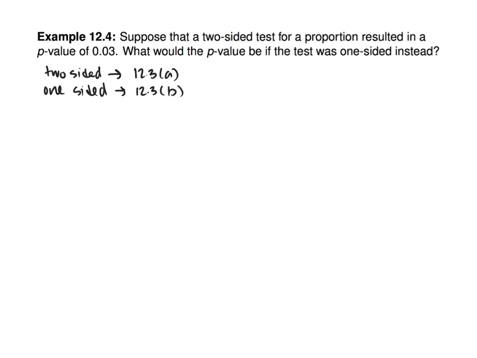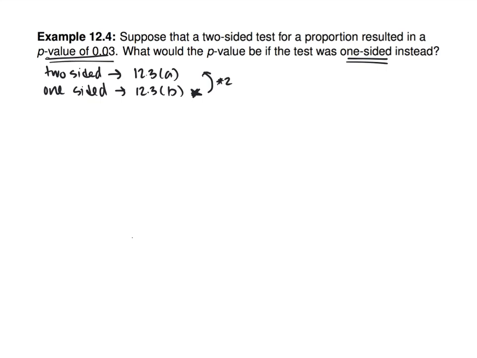And the relationship is that if you take the p-value for a one-sided test, you multiply it by 2 to get the p-value for the two-sided test with the same statistic, same hypothesis, same population size, etc. So if a two-sided test for a proportion resulted in a p-value of 0.03, what would the p-value be if the test was one-sided?